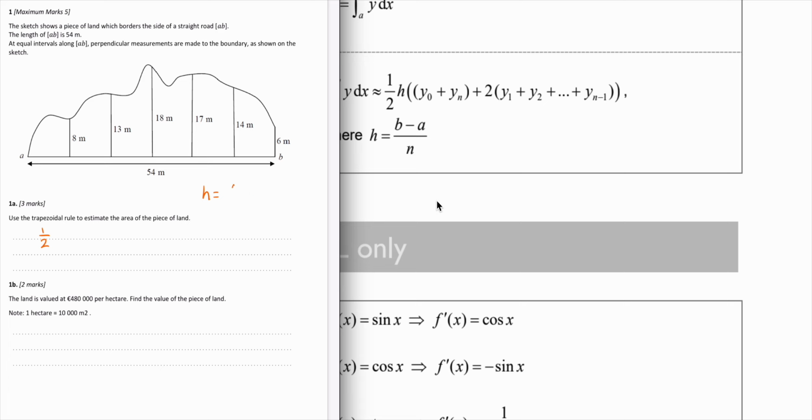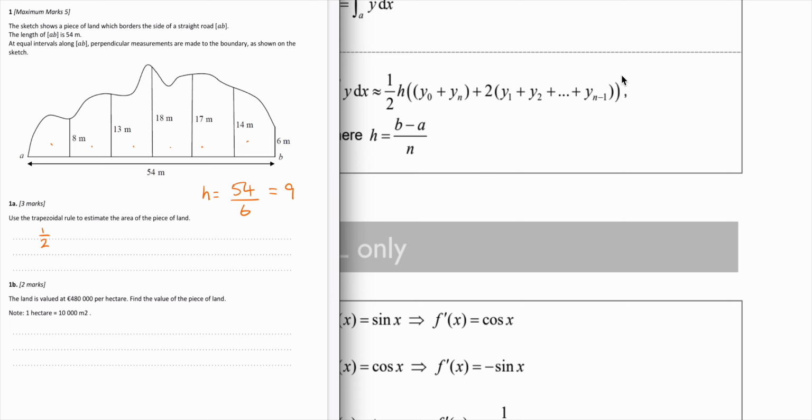So the height is 54 divided by, and it tells us 1, 2, 3, 4, 5, 6 pieces. So 54 divided by 6 tells me that each length is equal to 9.